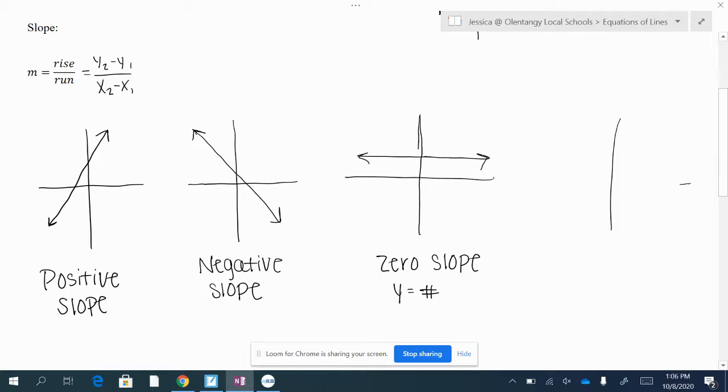And then the last graph, if we have a vertical line, this is going to be undefined slope, and this is when x is equal to a number. So there are your 4 different scenarios for slope. So positive, negative, 0, and undefined.